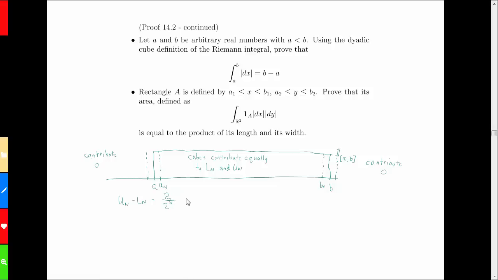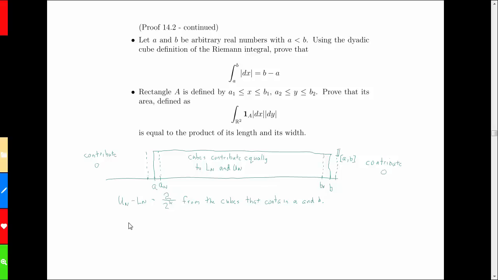And this comes entirely from the two cubes that contain a and b.